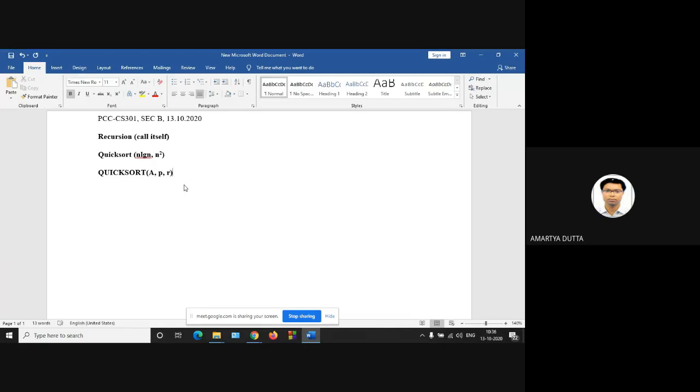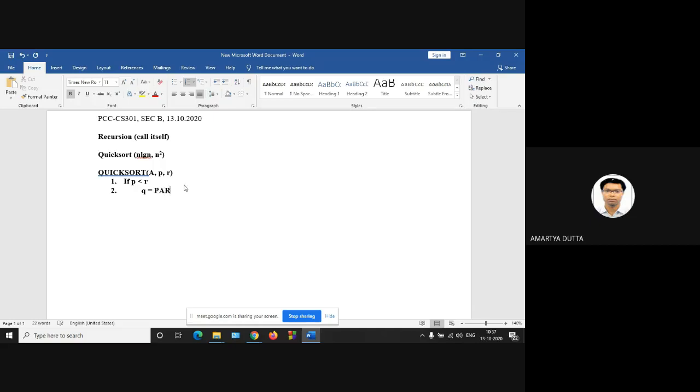If P, where P is the first index of the array, is less than R, then Q is another variable.